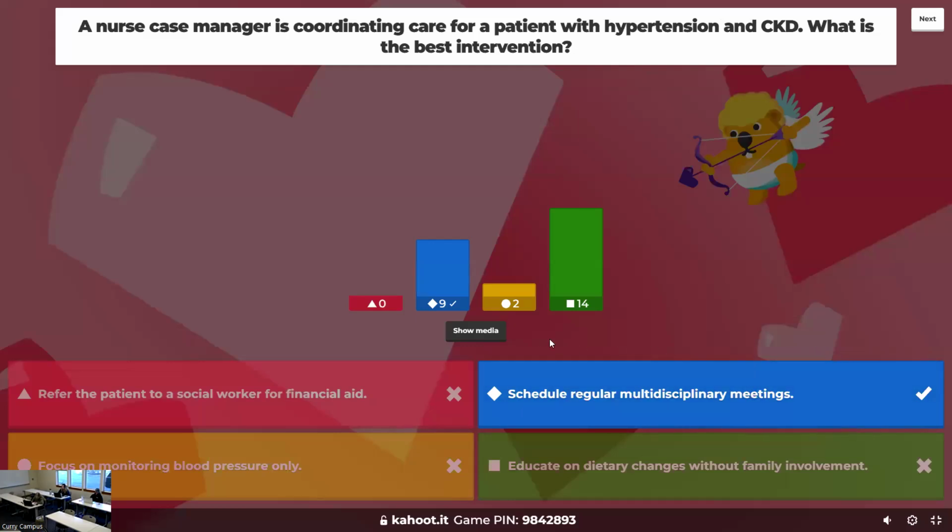Schedule regular multidisciplinary meetings, and that's because they have the chronic kidney disease and the hypertension at the same time. So they'll probably have to see a specialist like a kidney doctor, nephrologist, and dietary, a few other people.